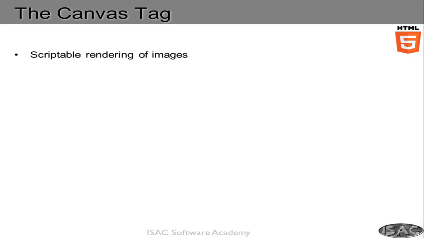But in the canvas tag, the complete rendering of images is done through JavaScript. So we have to declare an element called canvas to mark an area of your page where that graphic will display, and the actual rendering of the graphic will be done through the script which you will write.